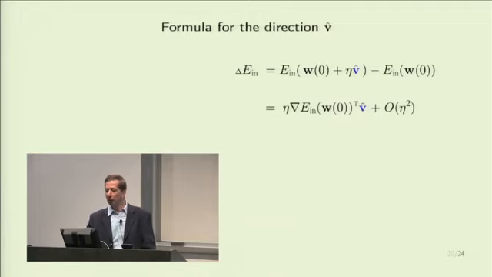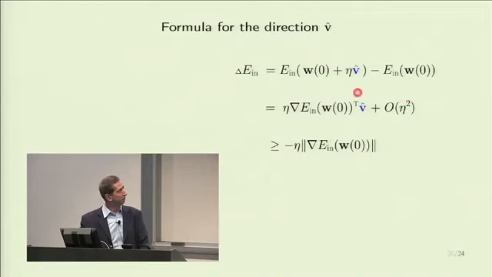Now, how do I choose the direction in order to make this as negative as possible? By simple observation, I realize that this quantity for any choice of v hat will be greater than or equal to this fellow. So this term is gone, and I'm only dealing with this one.